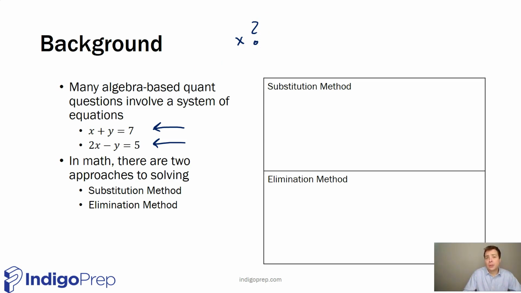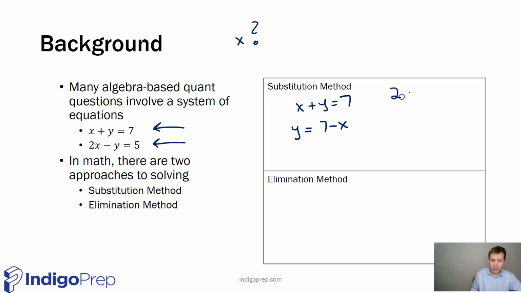First things first, you can do something called the substitution method. That is isolating a variable, substituting everything else into the equation, and solving. So, for instance, on this, we would say x plus y equals 7. We're trying to define x, so we want to isolate the other variable. We get y equals 7 minus x.